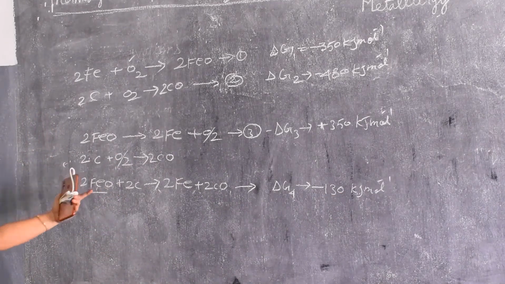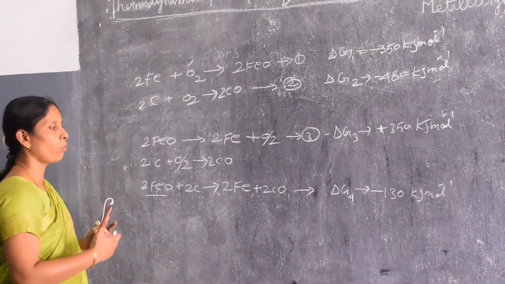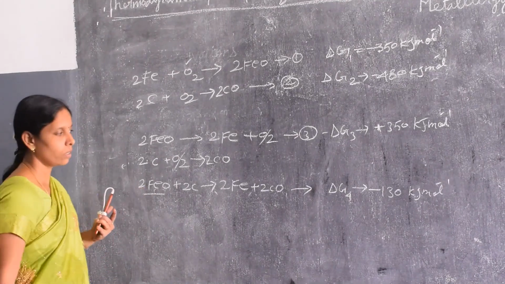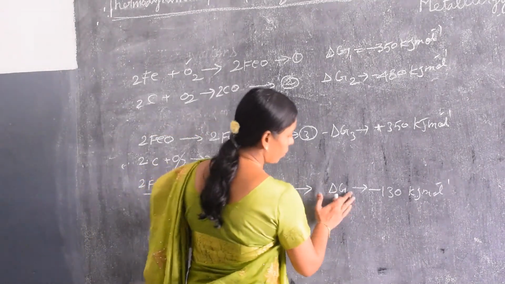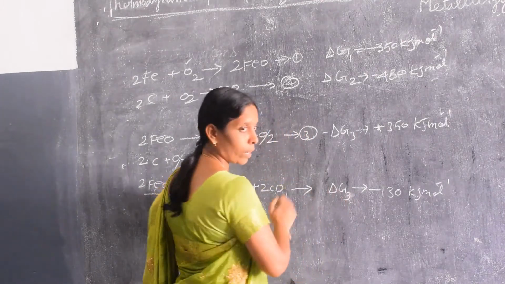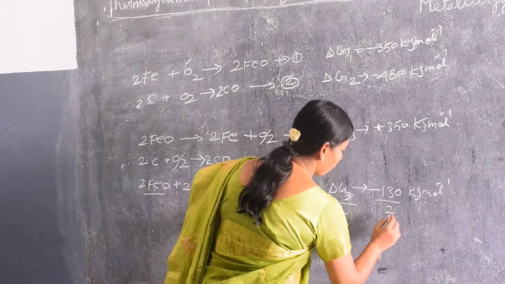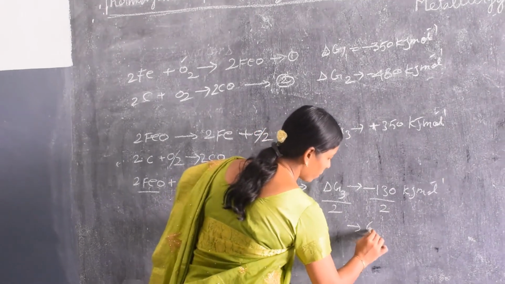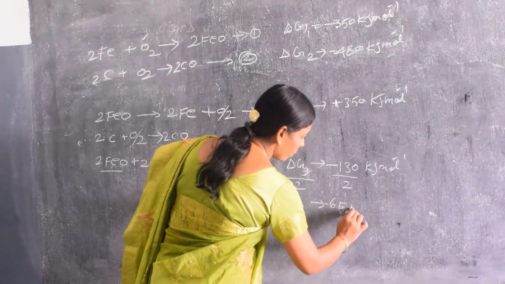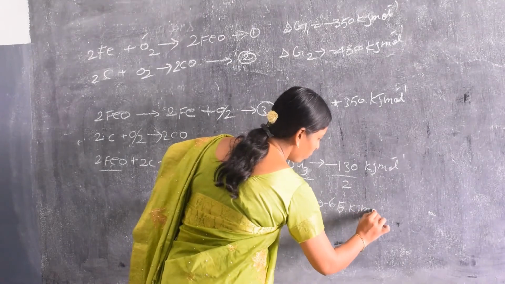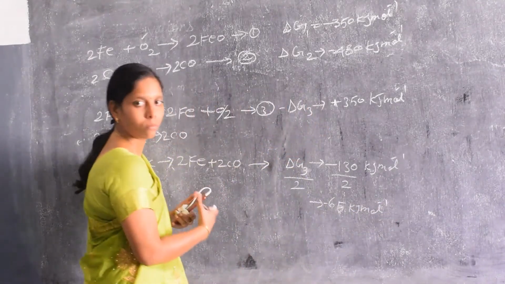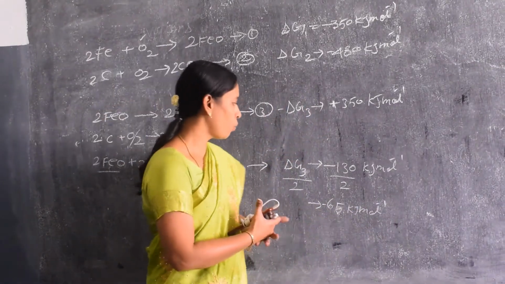moles of iron oxide. For 1 mole of iron oxide என்ன செய்யலாம்? Divide by 2 போடலாமா? இப்போ divide by 2 and then its value is -65 kilojoule mole power -1.